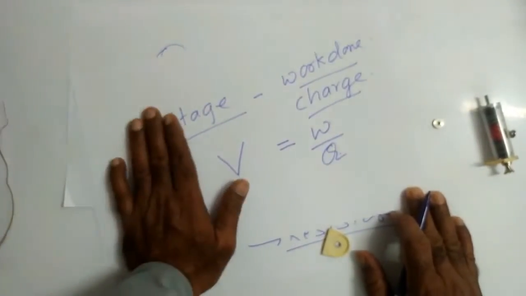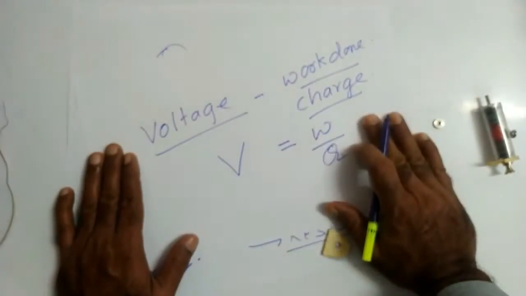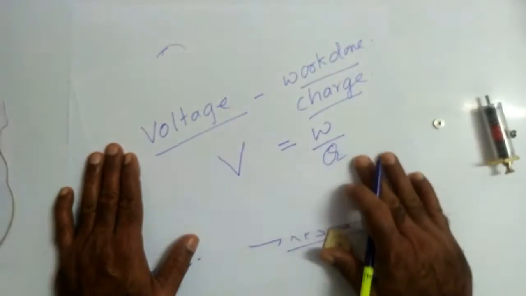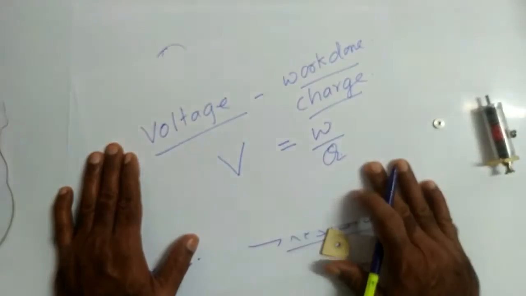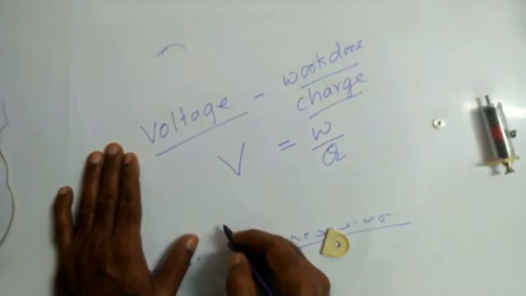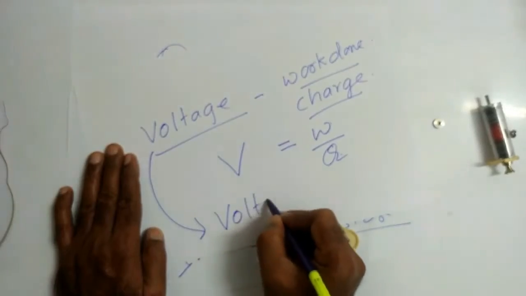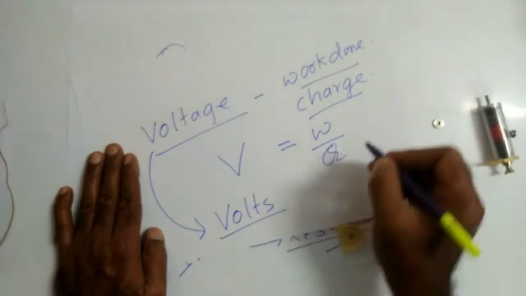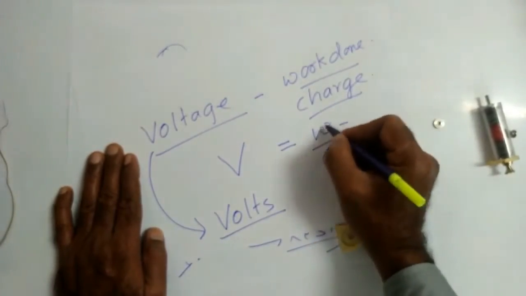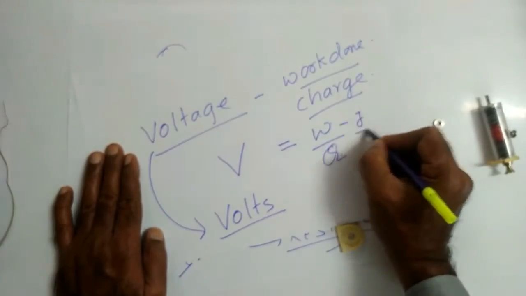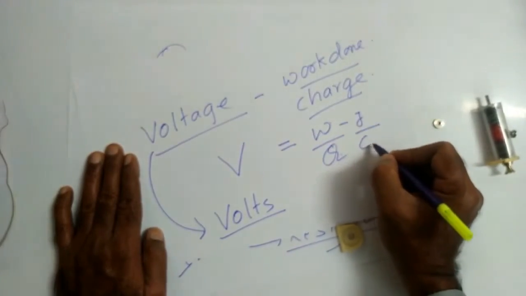This is about voltage. I'm not telling in detail the derivations of all those things. But one thing you have to remember, voltage is measured in volts. And what is volt? Volt is joules per coulomb.